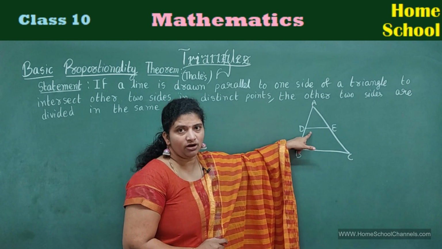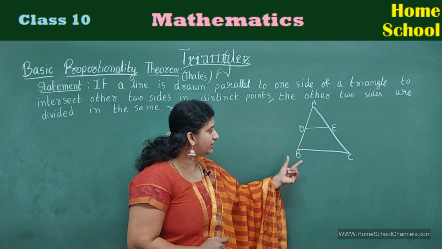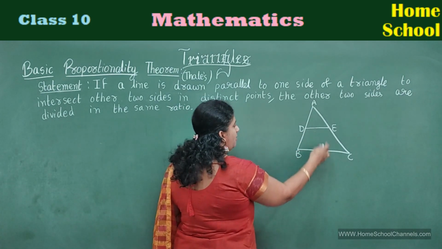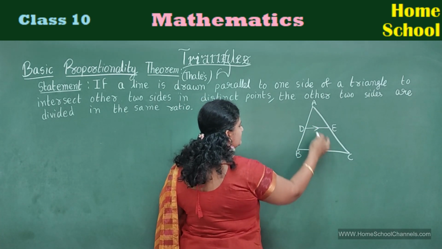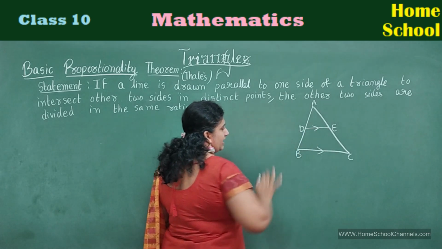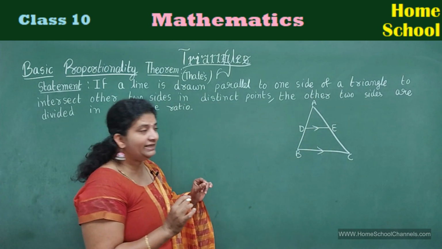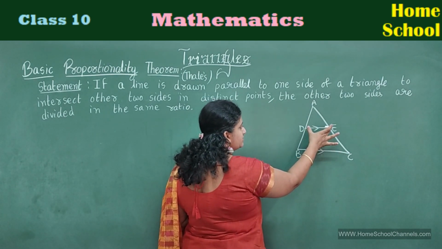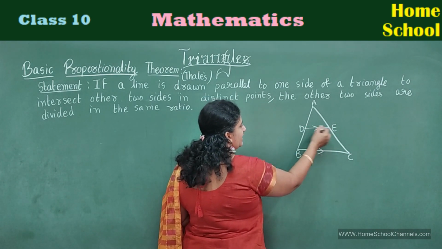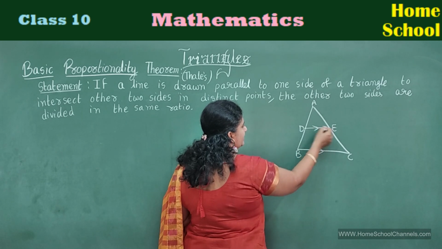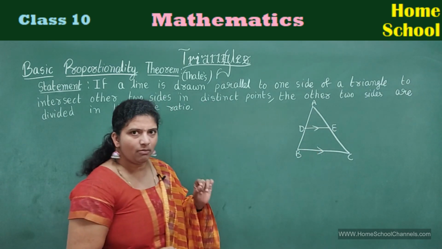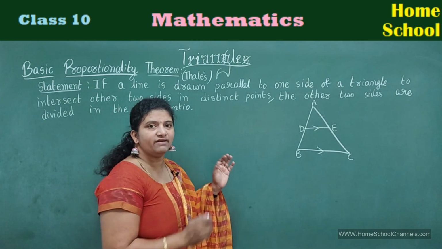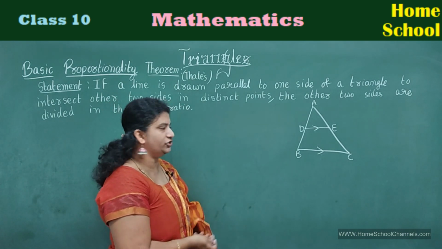DE is drawn parallel to which side of a triangle? BC. If a line is drawn parallel to one side of a triangle to intersect other 2 sides. What does this line do? This line intersects other 2 sides at 2 distinct points. Okay, the other 2 sides are divided in the same ratio.